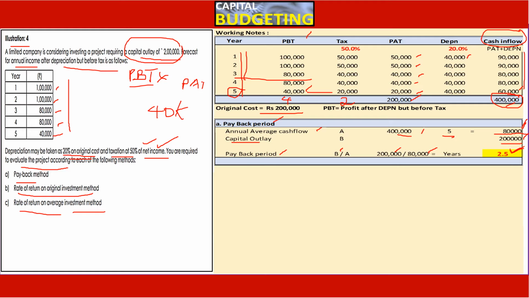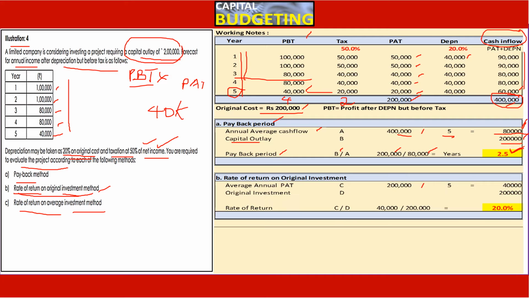Then rate of return on original investment. We have two words here, rate of return and original investment. We know original investment is 2 lakhs. What is the rate of return? Profit after tax for 5 years is 2 lakh rupees.